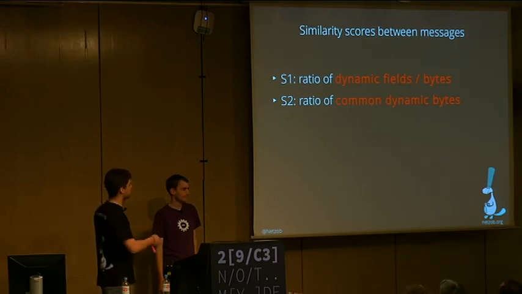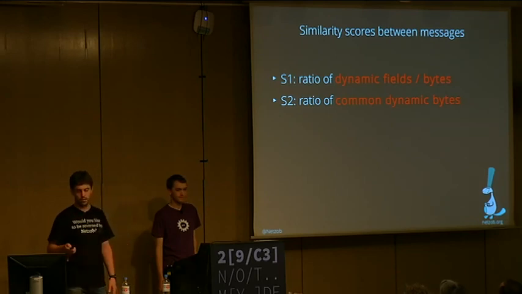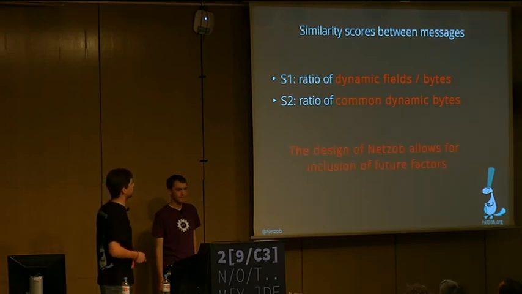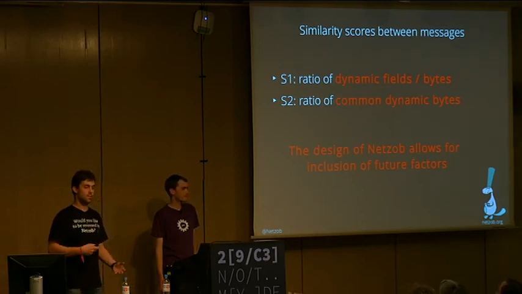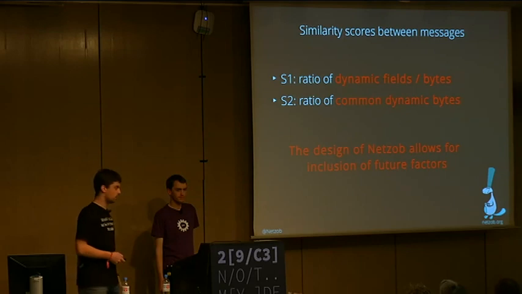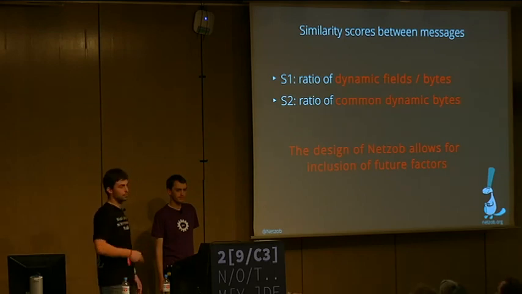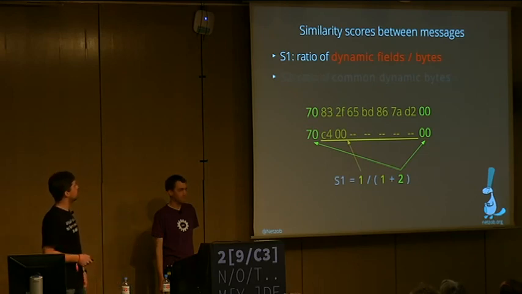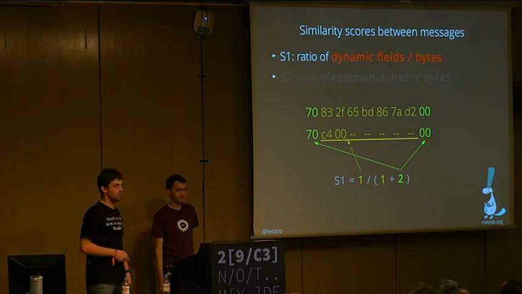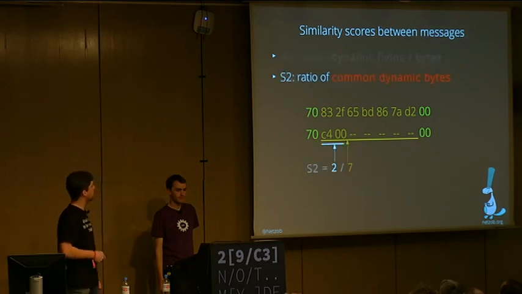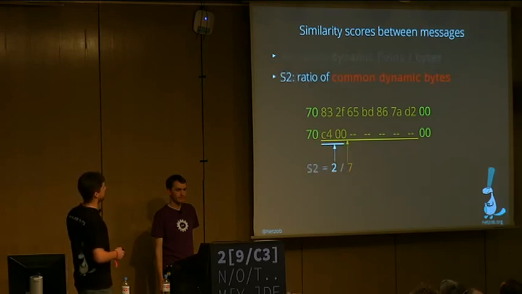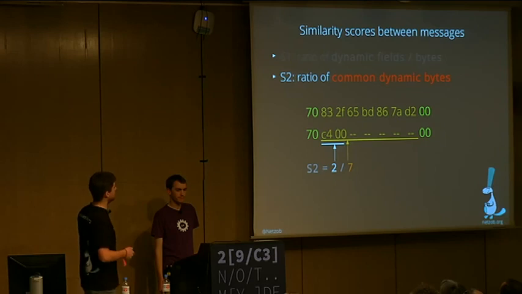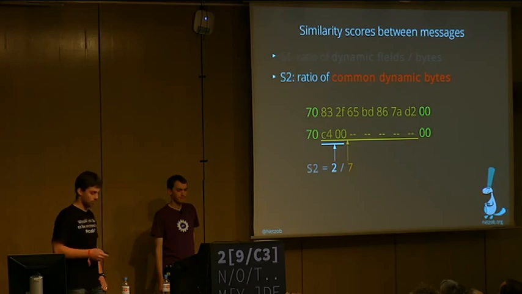We won't go too much deeper into these scores, but we allow you to create and add any additional factors you would be interested in. So the first factor or score is the ratio of dynamic fields over the total amount of bytes, whereas the second similarity measure is the ratio of common dynamic bytes over the two messages.